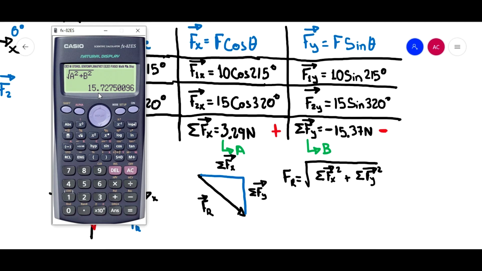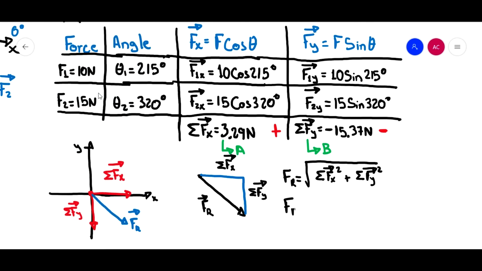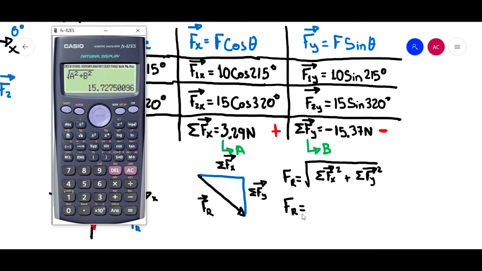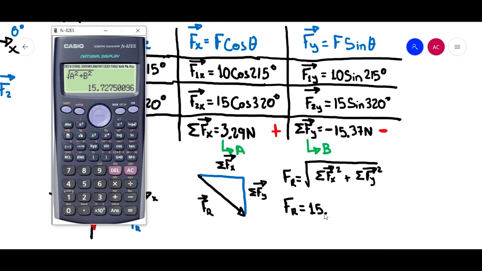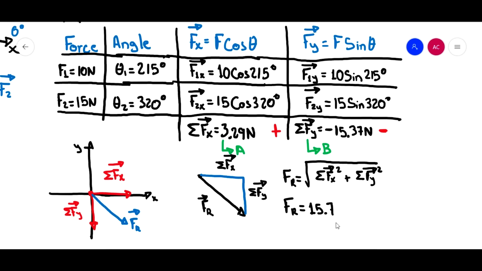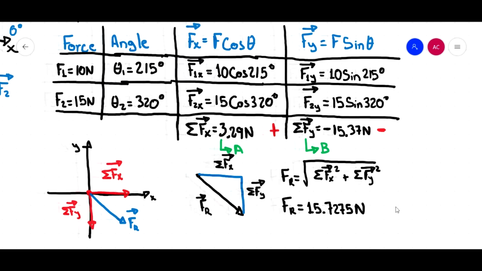One thing to keep in mind is that the resultant force is always positive. So I'm going to write the resultant force, and it's just the magnitude. It's not the vector, it's the magnitude. 15.7275 newtons.